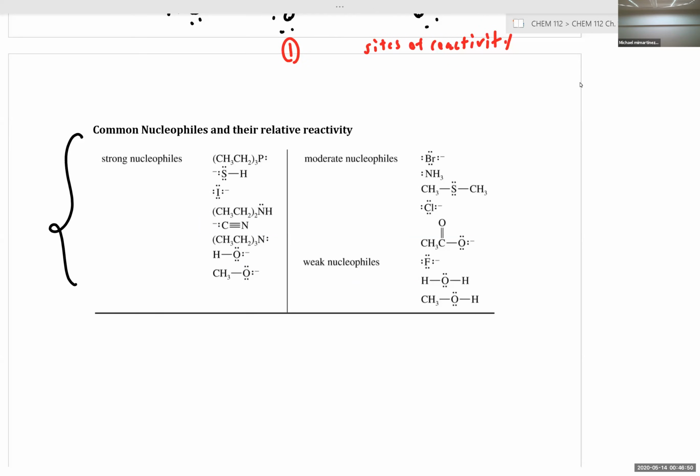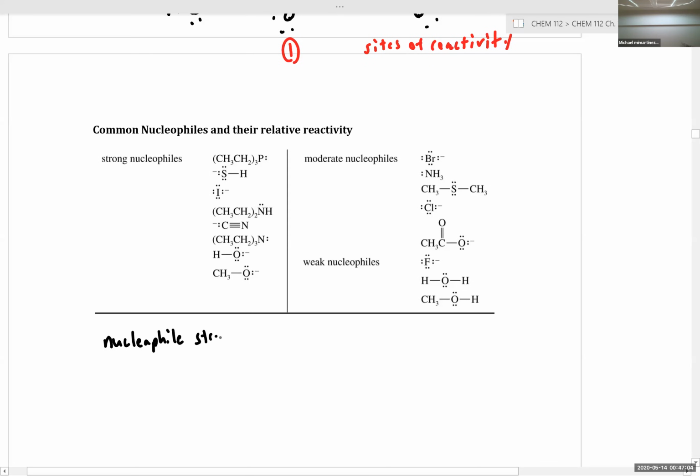Okay, so here is our summary table of the common nucleophiles and their relative reactivity. Again, just to summarize our rules for nucleophile strength. One, we look at atomic charge. So the negatively charged atoms are more nucleophilic than your neutral atoms.